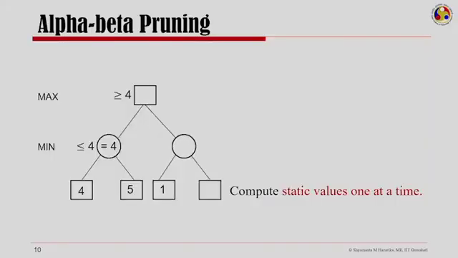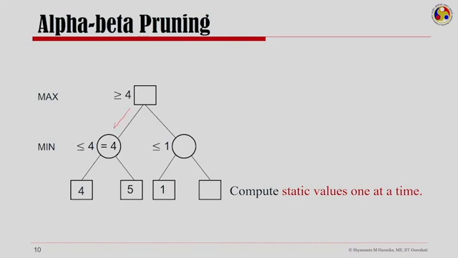We compute the third static value, which is 1. At that point we can see that the min value now would be less than or equal to 1. This is where a little introspection will make us realize that on this left side, if Max wanted to go, he would have at least 4, or something greater than 4, as his current value.